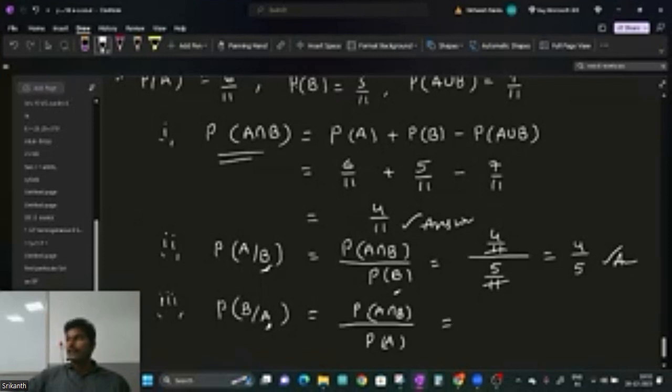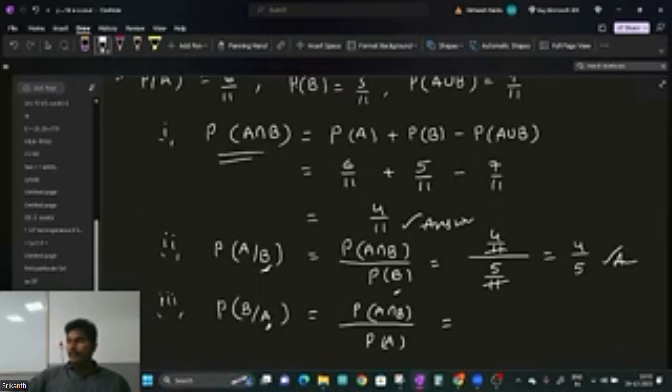What are these called? A by B and B by A are called conditional events. What is the meaning of A by B? B happens first, and after B happens, A will happen. That is called a conditional event, denoted by P of A by B. And what is P of B by A?